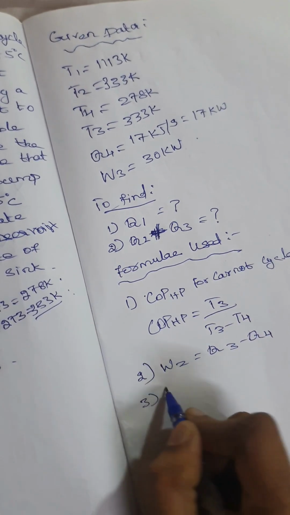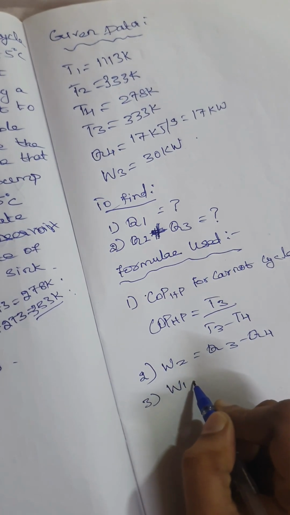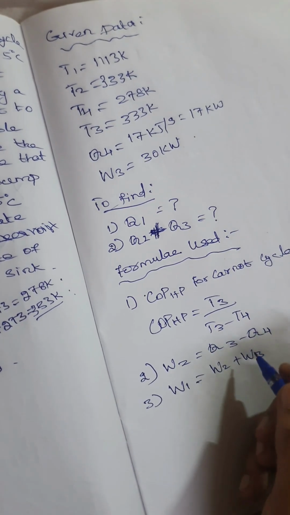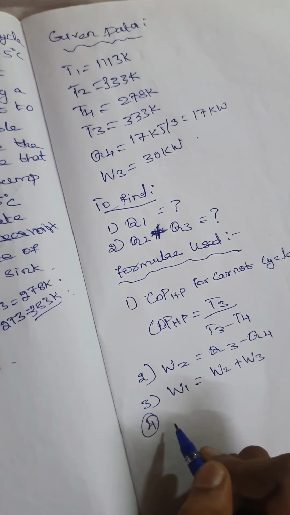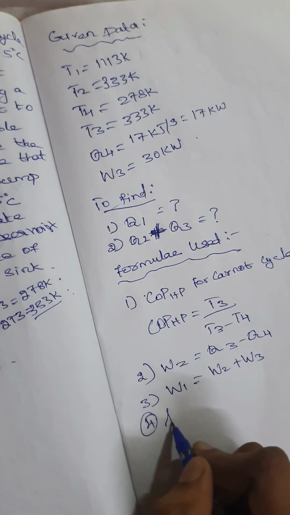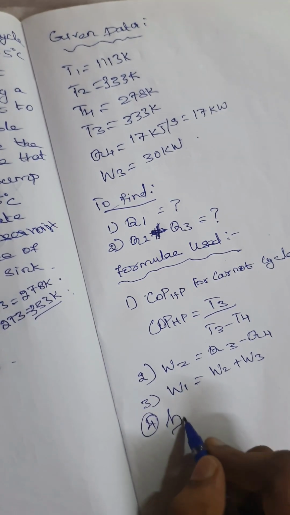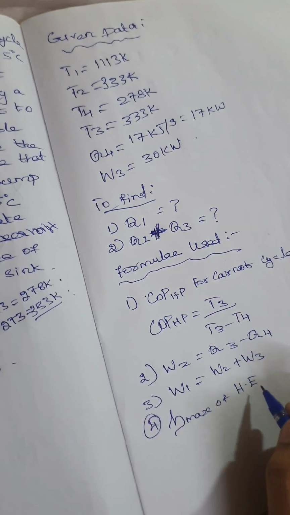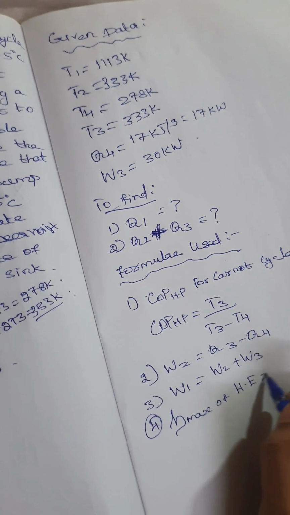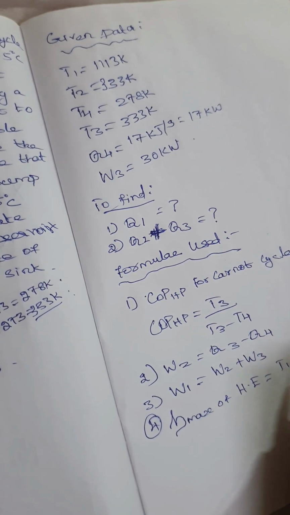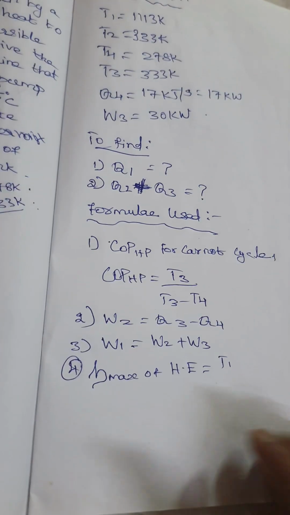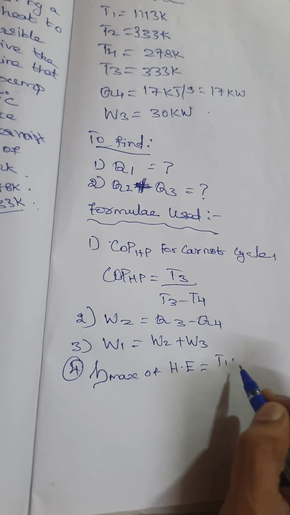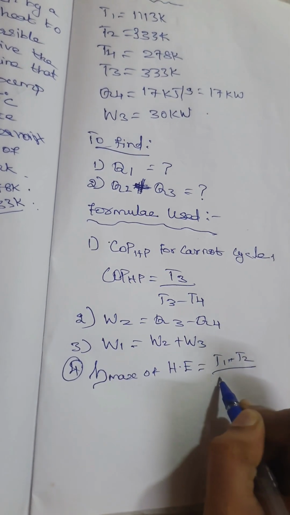And the third formula is work done W1 is equal to W2 plus W3. And the fourth formula, the maximum efficiency of heat engine, HE means heat engine, that is T1 minus T2 divided by T1.